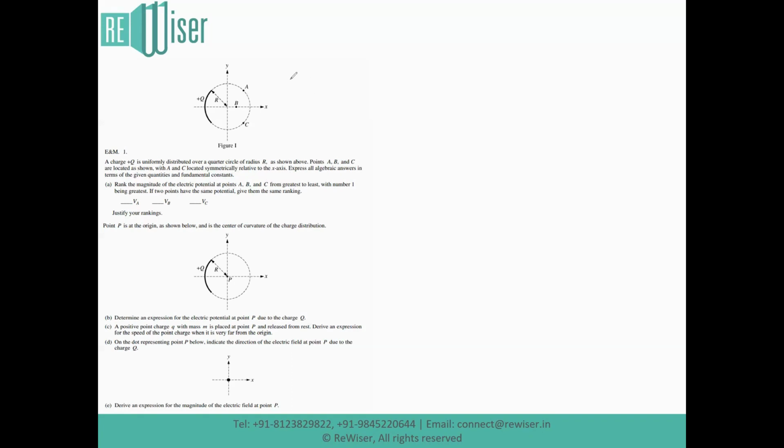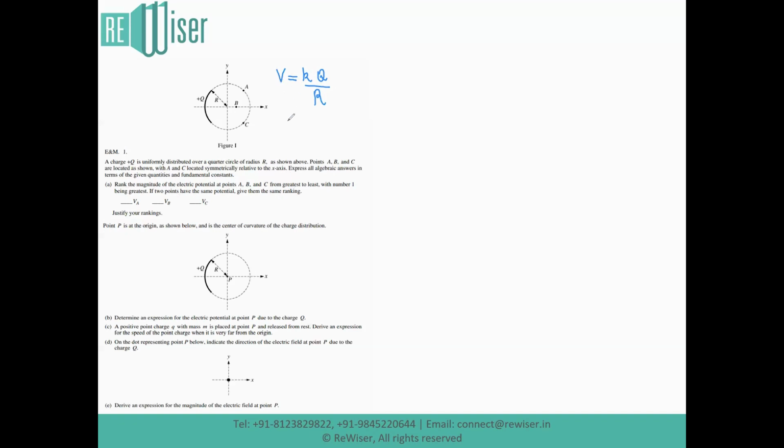We know that the formula for electrostatic potential V is V equals K Q divided by R. Here K is the constant of proportionality, whose formula is 1 by 4 pi epsilon naught, and value is 9 into 10 power 9. So capital Q is the source charge producing the potential at a given point, and R is the distance.